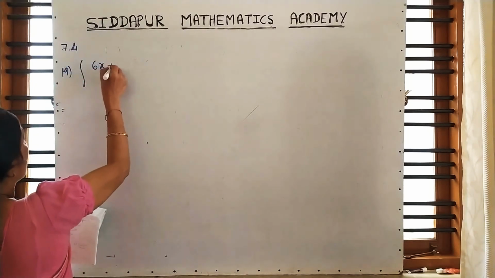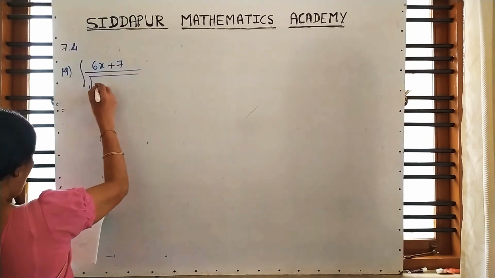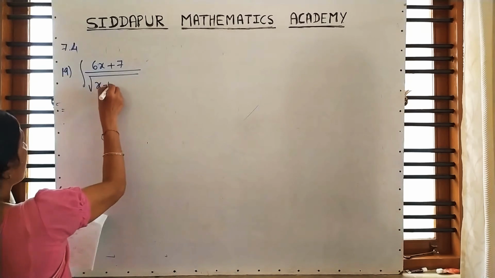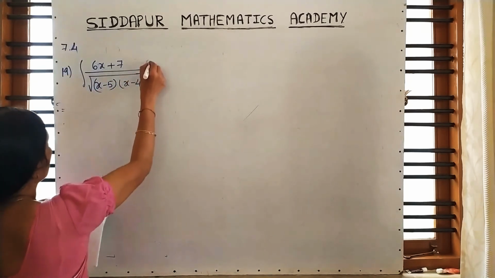Integral of 6x plus 7 upon root of x minus 5 into x minus 4 into dx.